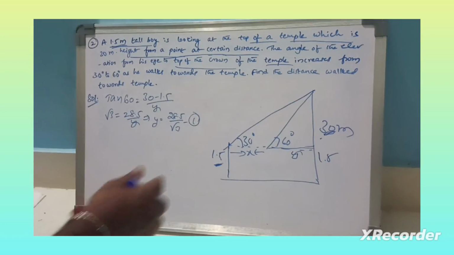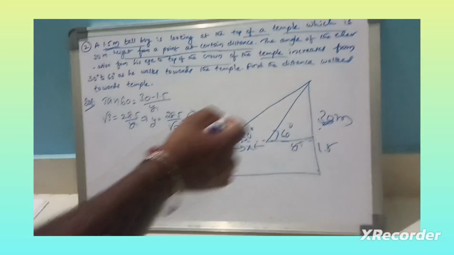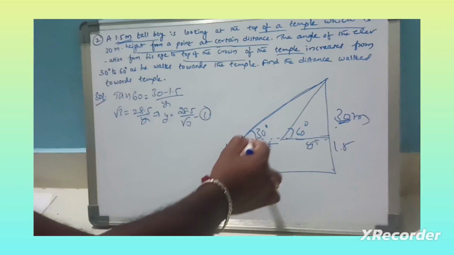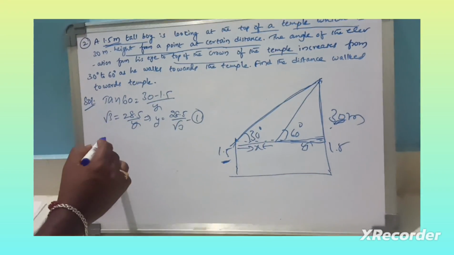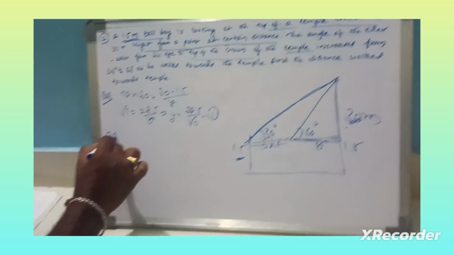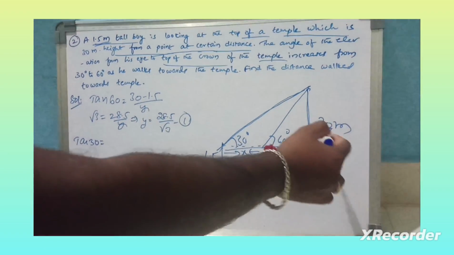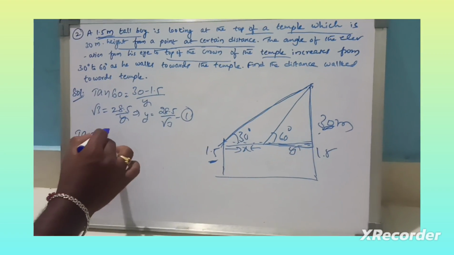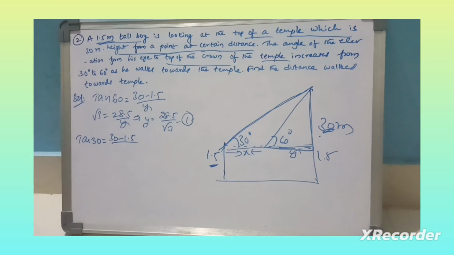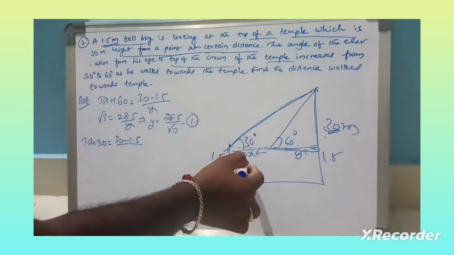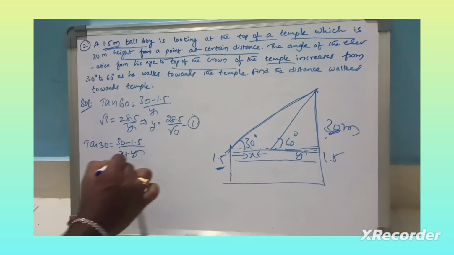And then next we have another triangle, which is this one, bigger triangle. Okay, I'll try to do something over here. I'll apply tan 30 again. Okay, again distance is 30 minus 1.5, but here the total distance is x plus y, okay, which is x plus y now.